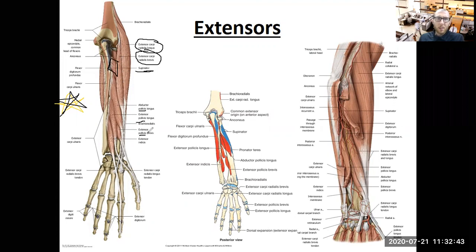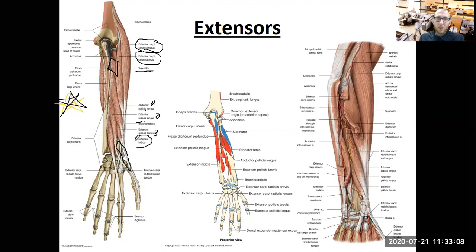So we have 3 pollicis or thumb muscles on the extensor side: abductor pollicis longus, extensor pollicis longus, and extensor pollicis brevis. Remember those, because those are going to make a very important snuff box right here. So remember these 3 for later.